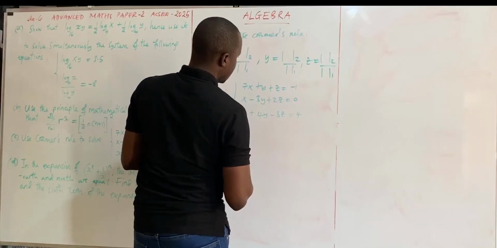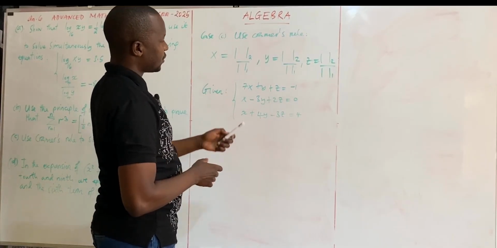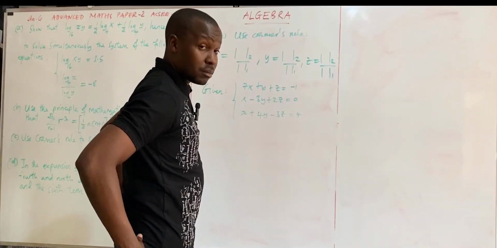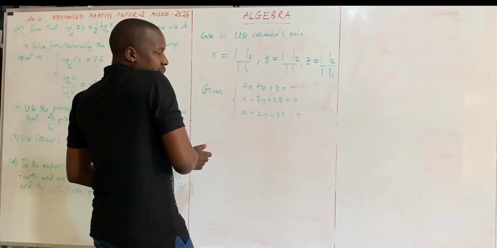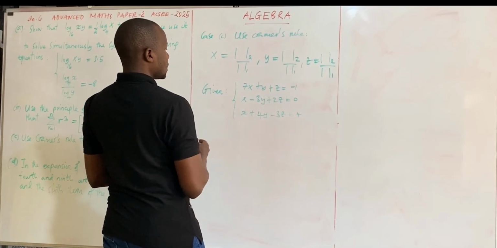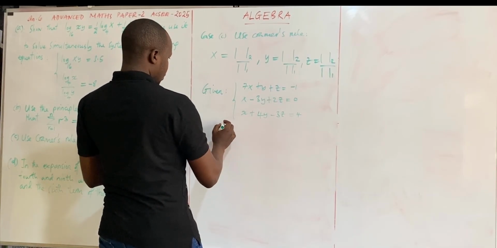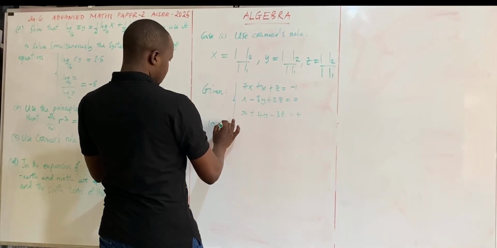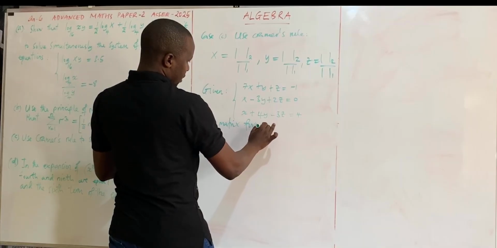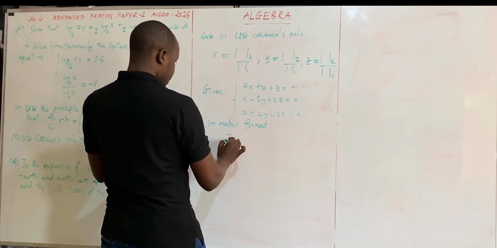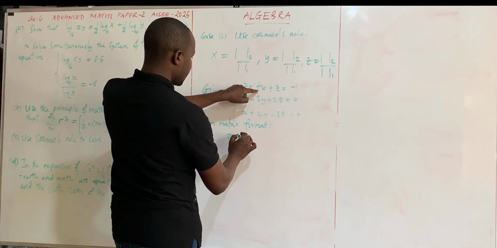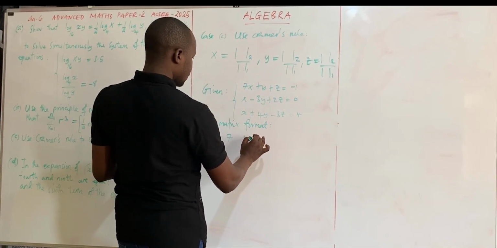So here we are going to express this system of linear equations in matrix format. And mind you, you have to arrange x, y, z, then the constants. It is already arranged. So you can say in matrix format, we use the coefficients of x here, 7, of y is 1, of z is 1.